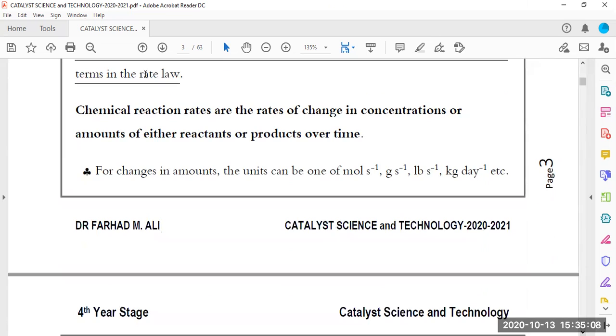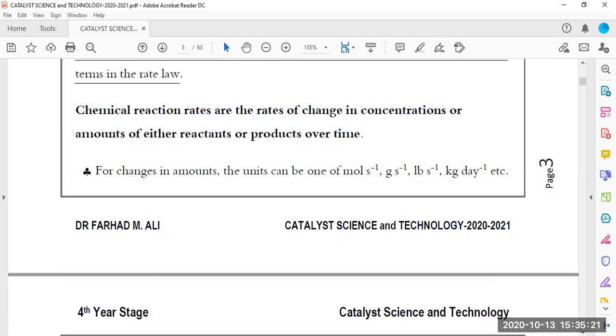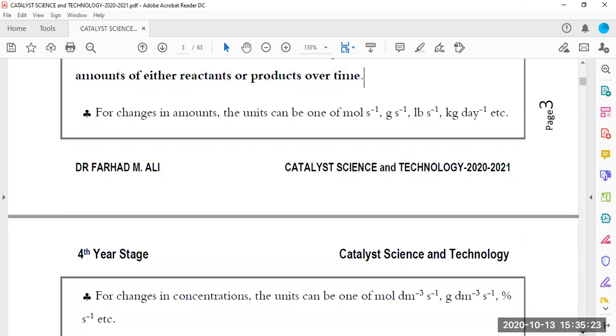Chemical reaction rates are the rates of changing concentration or amount of either reactants or products over time. I think we said that before, but we just repeat it. The units can be one of mole per second.